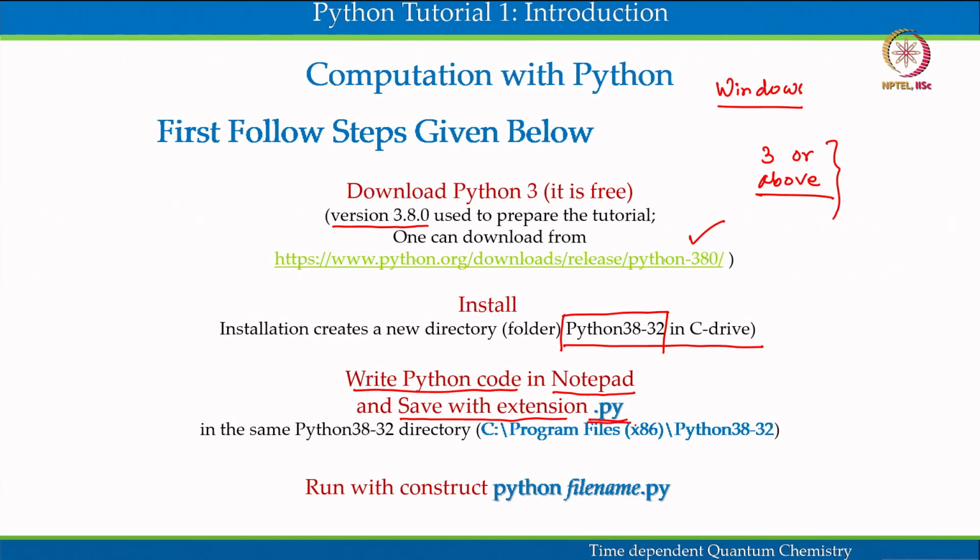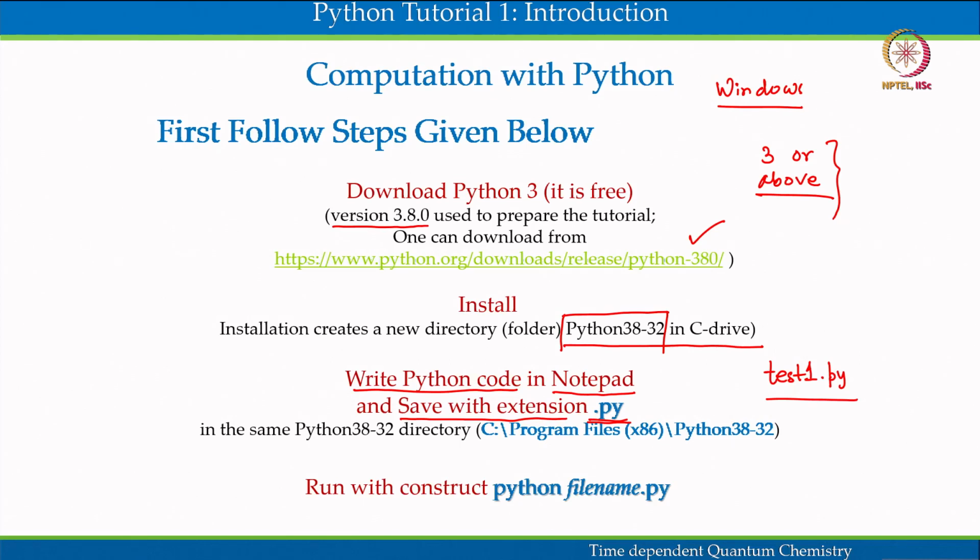That's the Python programming extension, .py. So if I name the file as test1, then I will place .py in the file name. So this is going to be the file name after writing the code in Notepad.